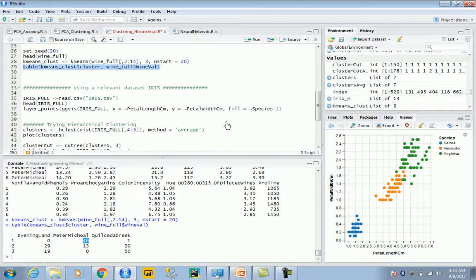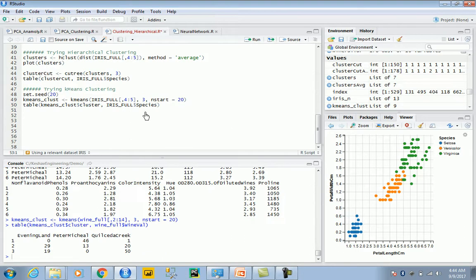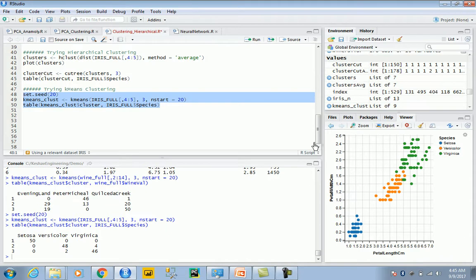Apart from this, let's also try maybe the famous iris dataset, and see how well this goes with k-means.